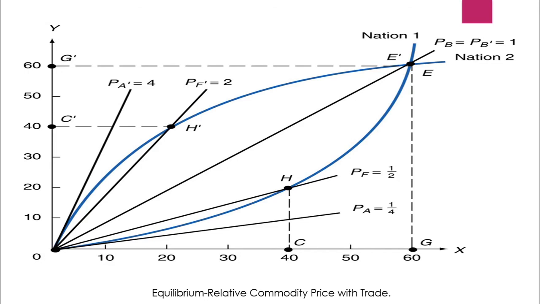Exports by nation 1 is equal to imports by nation 2, and these two offer curves meet with each other at the equilibrium position. So we can see the equilibrium relative commodity price with trade.